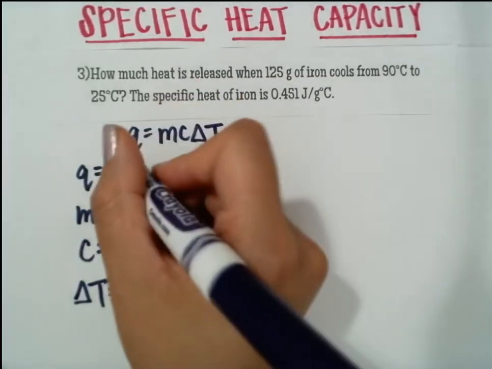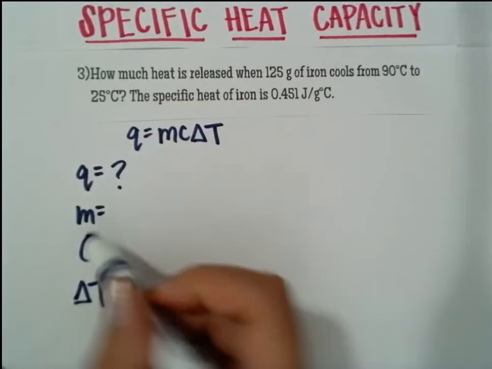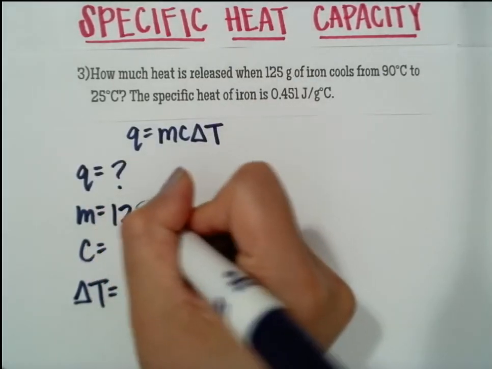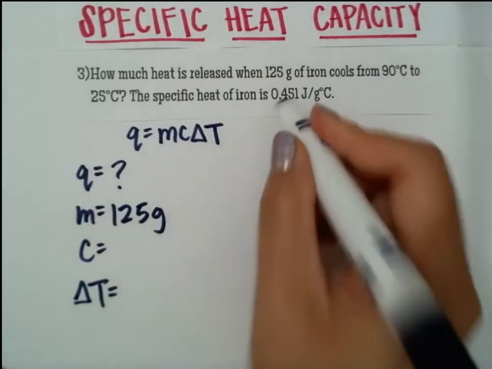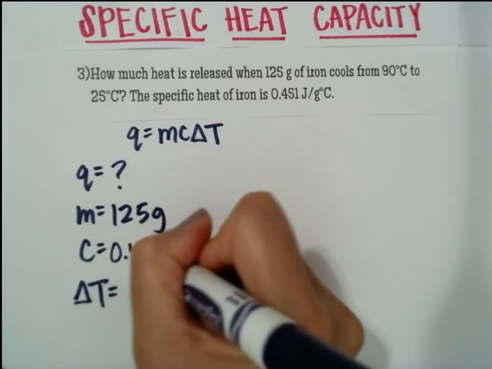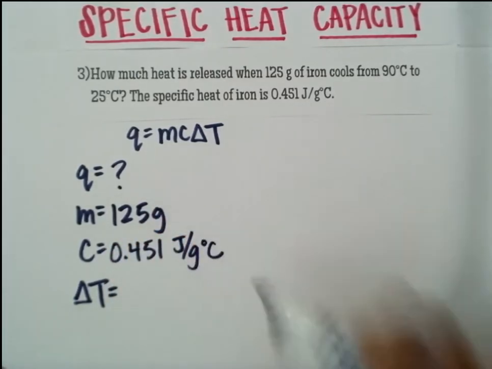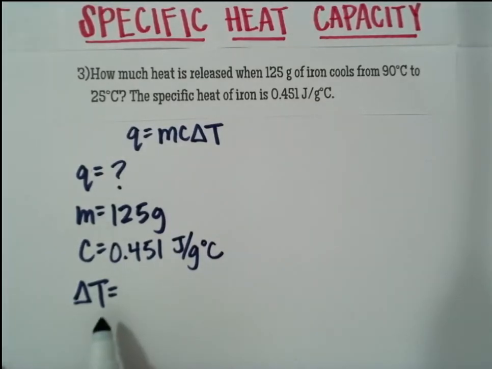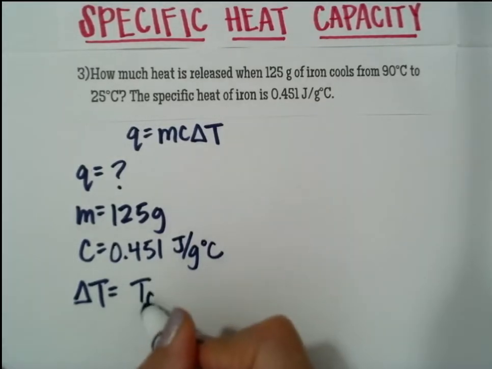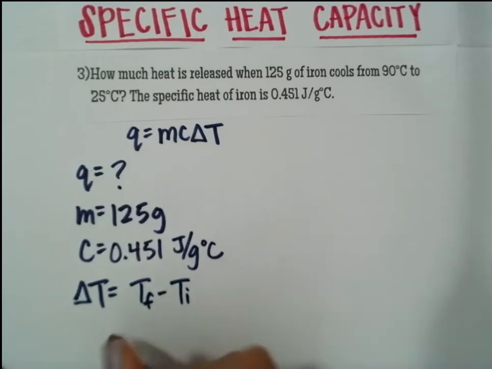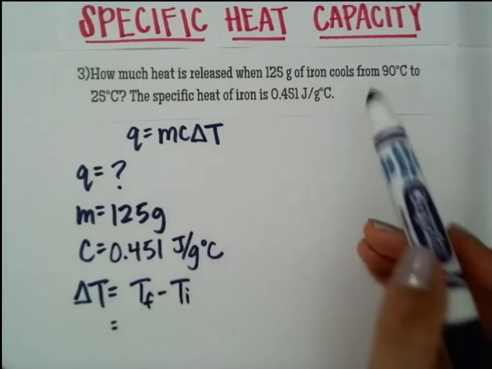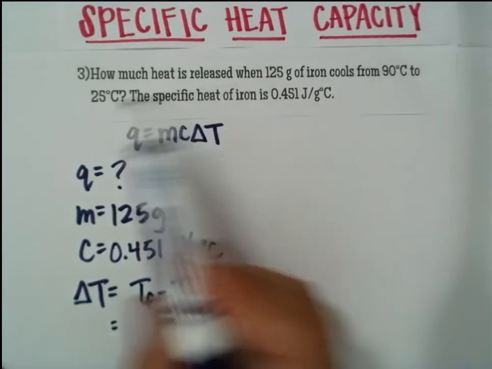So Q is heat, that's what we're solving for. M is mass, 125 grams. C, we're looking at iron, 0.451 joules per gram degrees Celsius. Delta T, remember, is T final minus T initial, which is, in this case it says cools from 90 to 25.